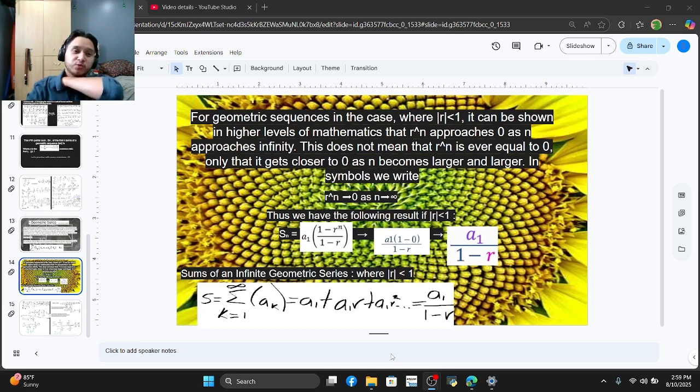Obviously the closest number to 1 would be 0.99, right? But we can always add 0.999999, so the nines that follow are infinite.